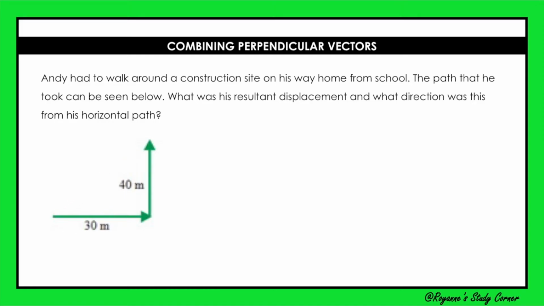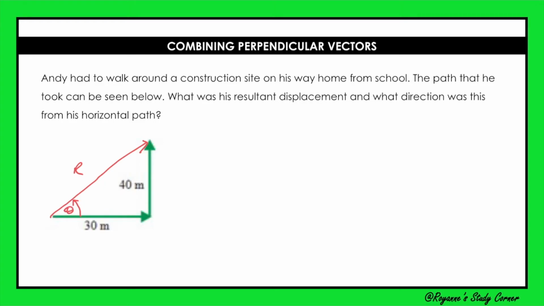So that is where our resultant will be. So that's our resultant. And when they say what direction it is from his horizontal path, they mean that in terms of what size angle of rotation did he have from his horizontal path to the resultant.